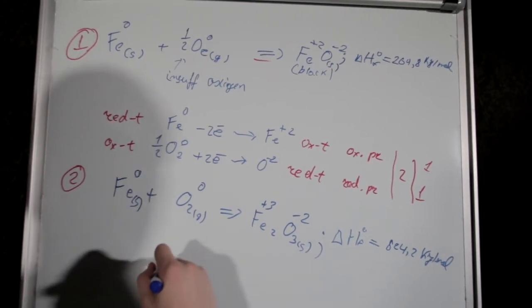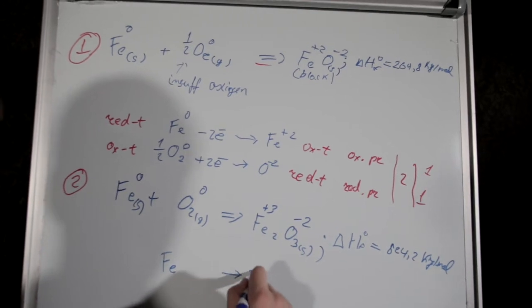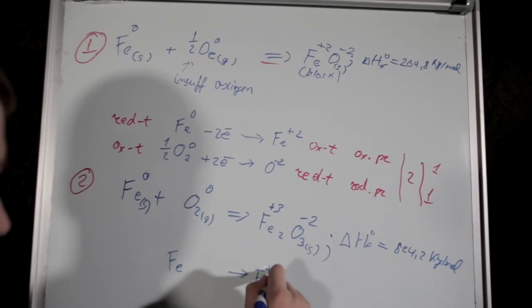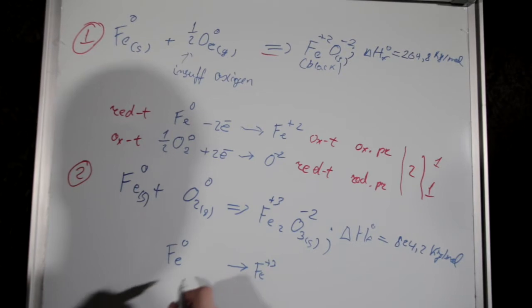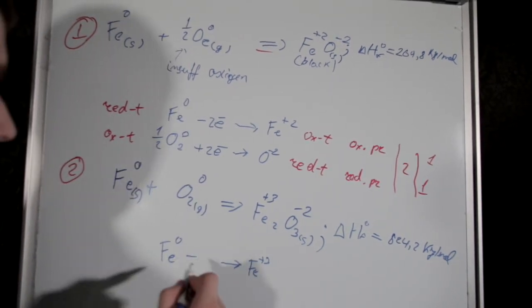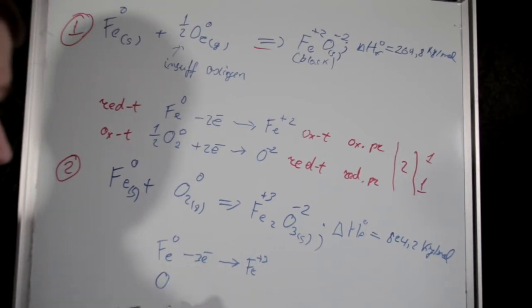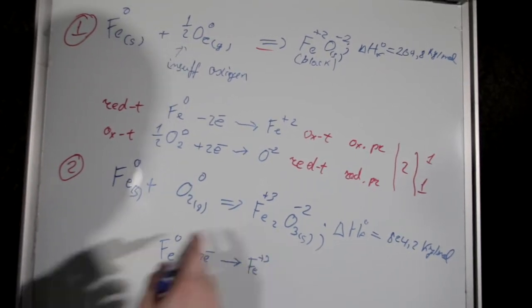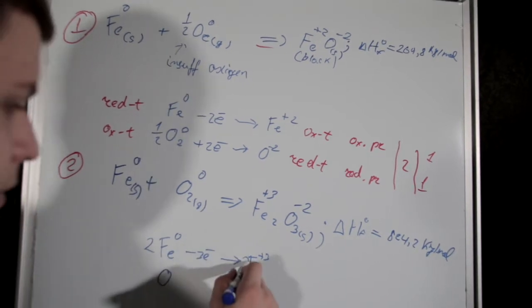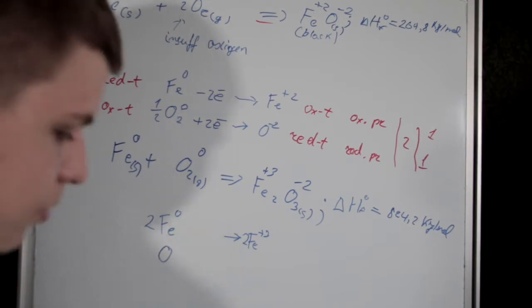Okay, so iron changed from 0 into the iron plus 3 ion. In order for that to happen, it needs to give 3 electrons. It's 2 iron, it's 2 here and 2 here. Then it's not quite simple.